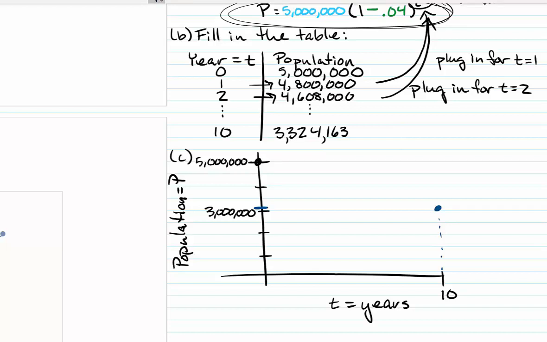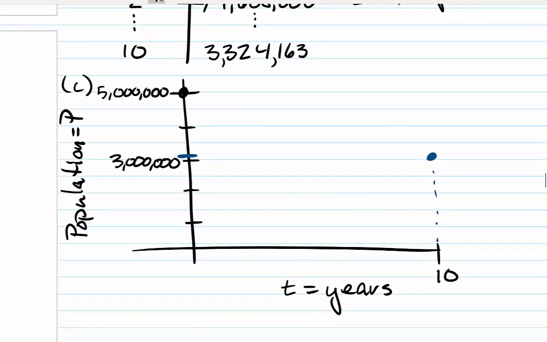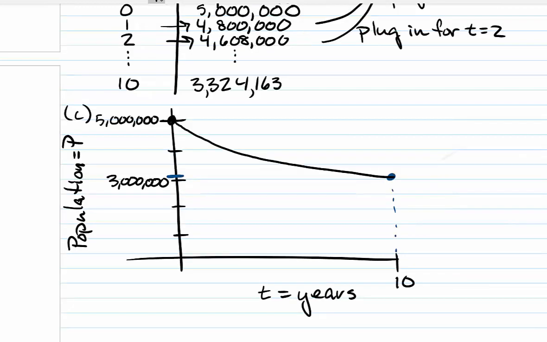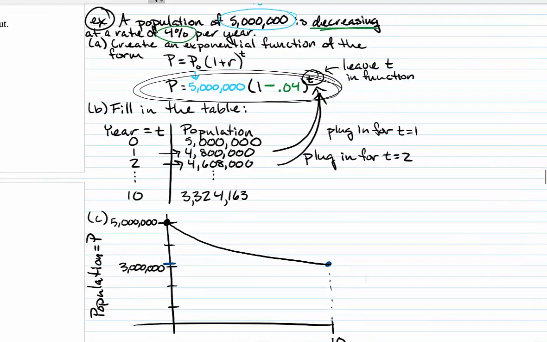Now, unlike linear functions that you learned about in chapter 5, this is an exponential function. Exponential functions are not straight lines. Linear functions are. Exponential functions are curved. So this one curves down because it was exponential decay, because they said our population was decreasing.